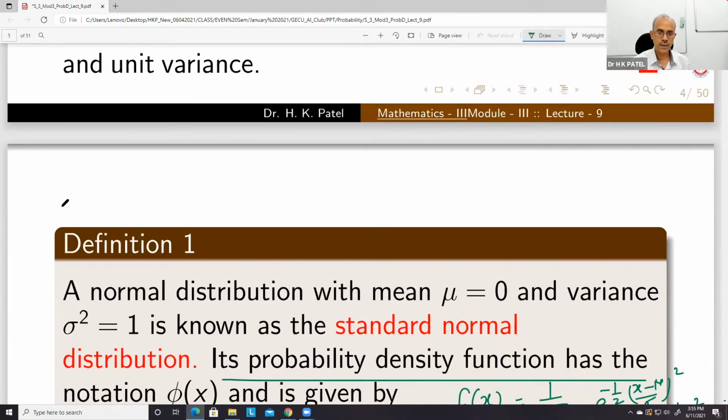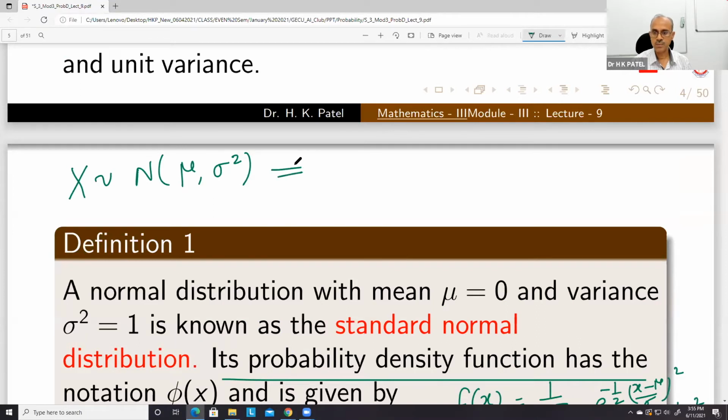That is, if X is a normal distribution having mean mu and variance sigma square, then this can be converted into normal distribution Z having mean 0 and variance 1 by the relation Z is equal to (X minus mu) upon sigma.